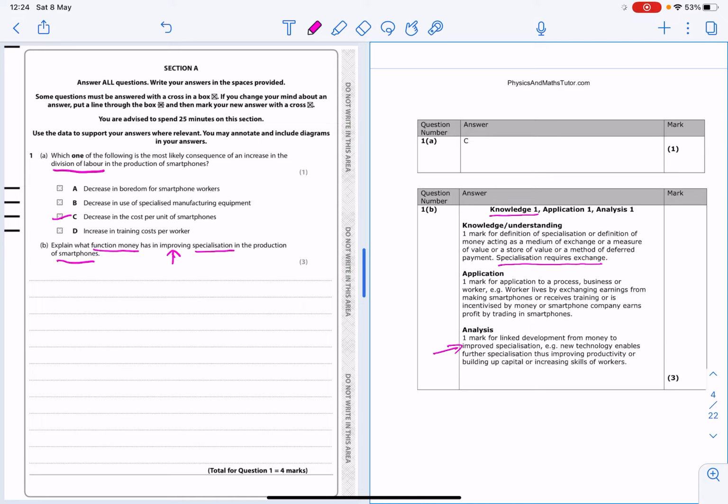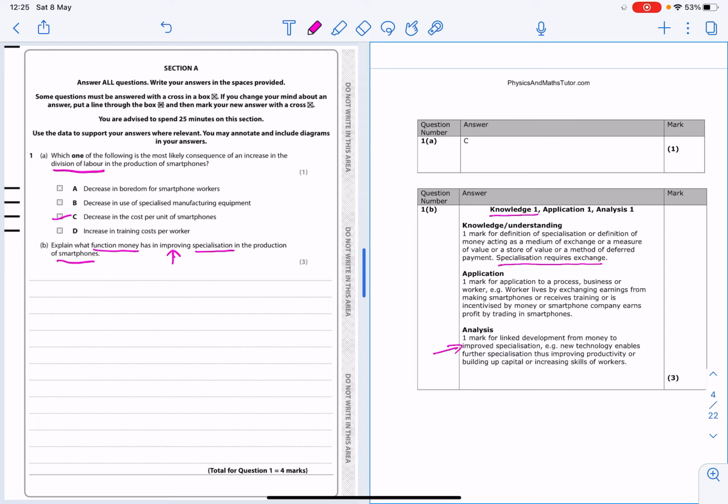And this is the bit that most people are likely to miss out, because that improved word is kind of, the specialisation seems to be more important and the improved gets missed out. So what they're suggesting is that new technology enables further specialisation.